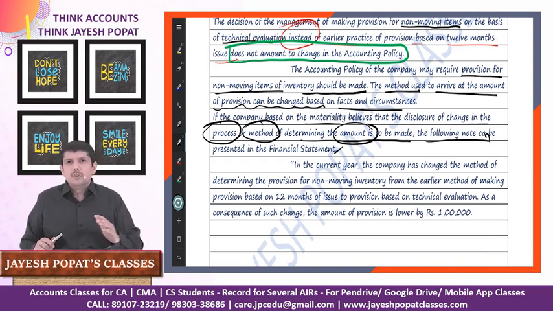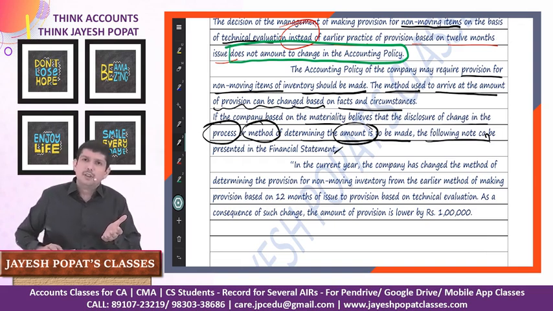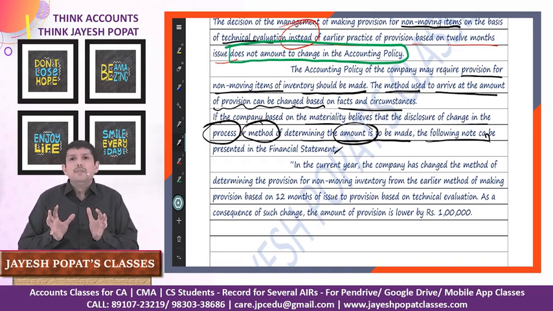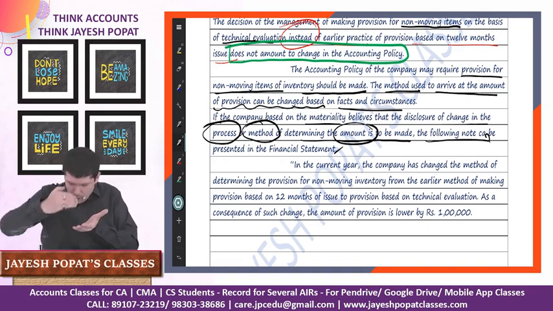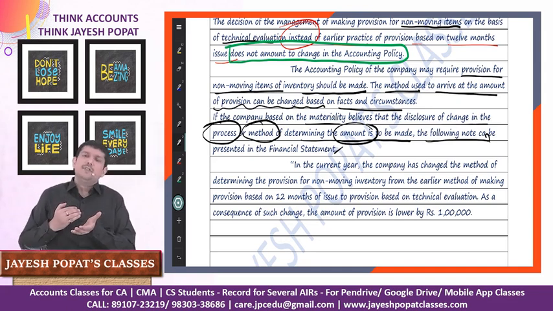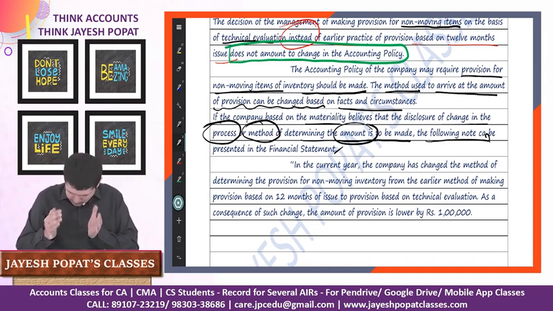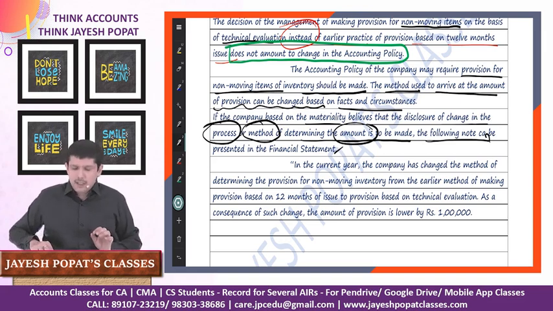Generally you need to disclose if there is a change in accounting policy. But still, if you believe that the amount of change is material enough that you need to update the users of the financial statements, you can make a disclosure.